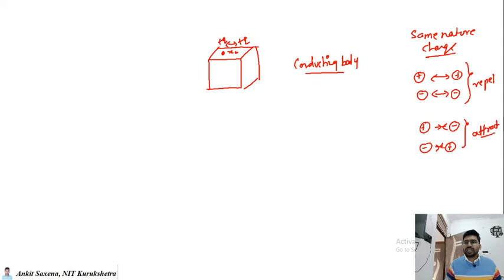So now the question is, if we place two positive charges on a body at a distance of x and this body is a conducting body, a force of repulsion will start to act between them.